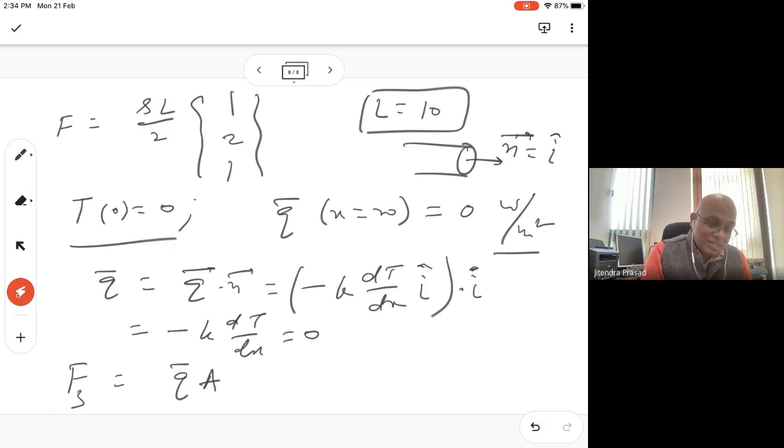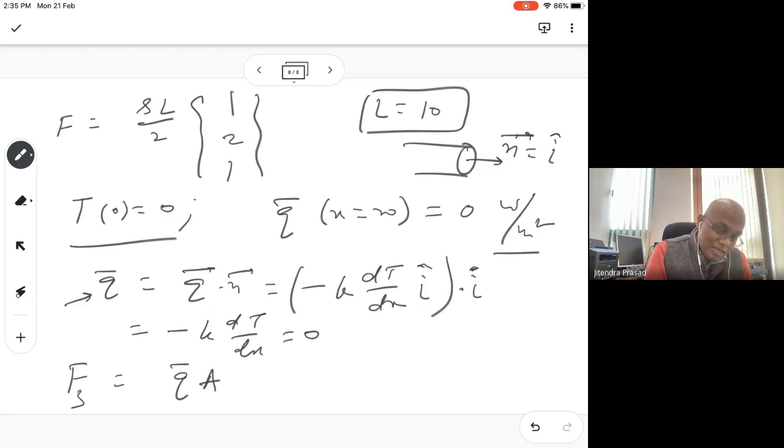So did you see here, we have X, then we integrated over length, and whatever heat is coming to the system goes at those points. So F3 is the heat coming to the system. But this Q bar as such is the heat being lost.